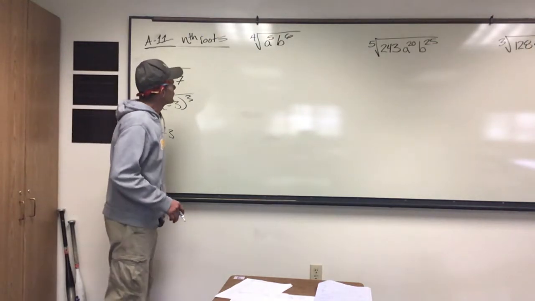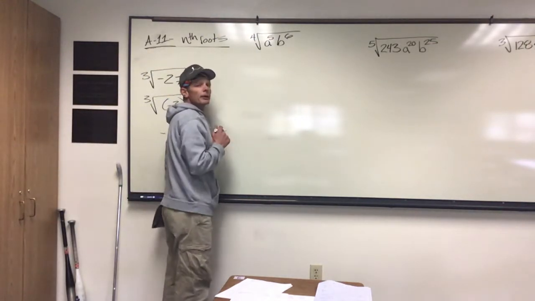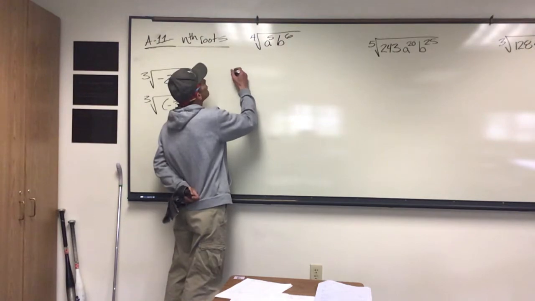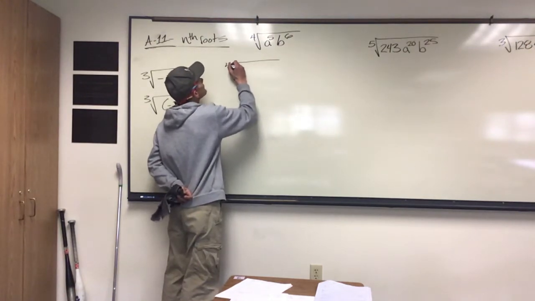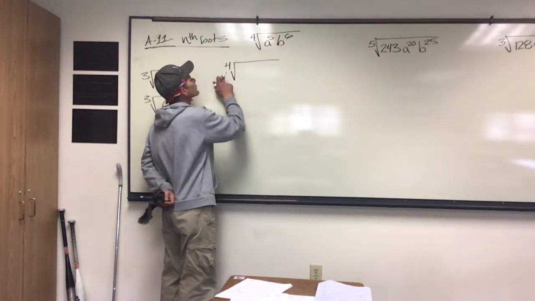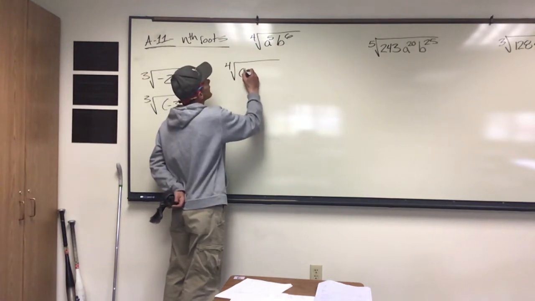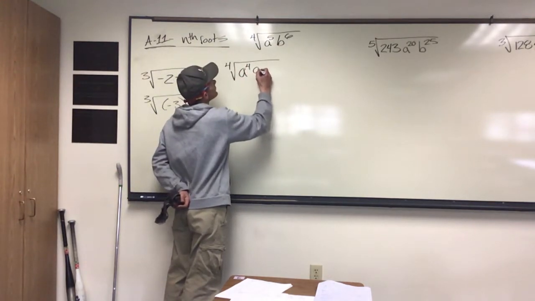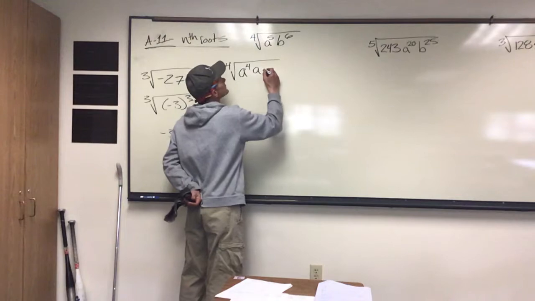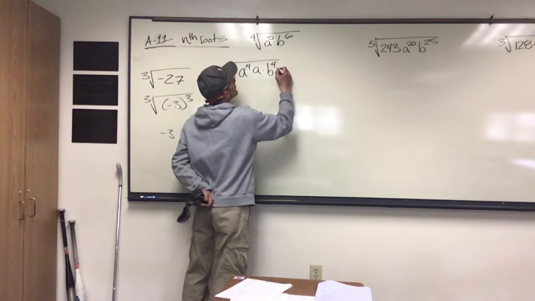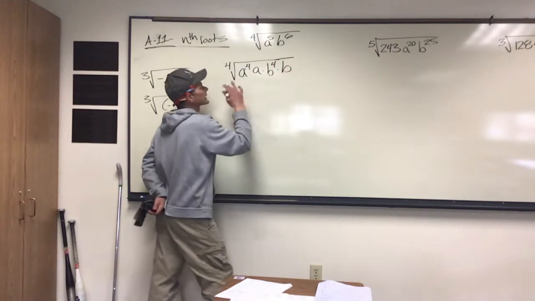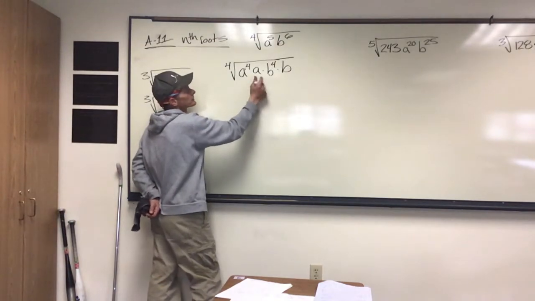Those are fine. So a simple problem to begin with: the fourth root of a to the fifth times b to the sixth. The way we do these is we say, okay, a to the fifth is just a to the 4 times a, and b to the 6 is really just b to the 4th times b, and I can rearrange things. These are multiplication, commutative.